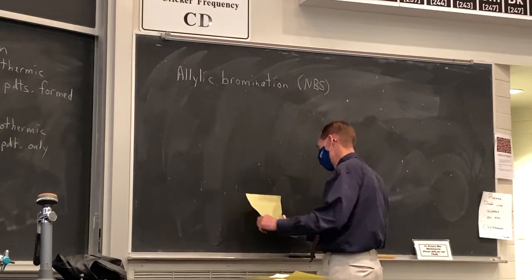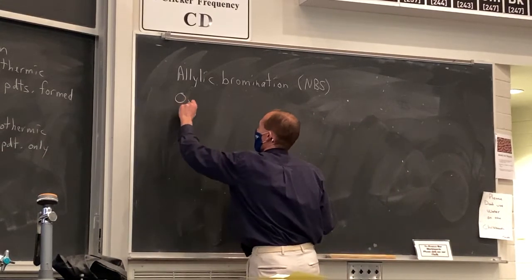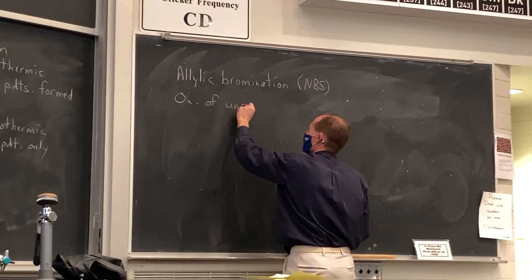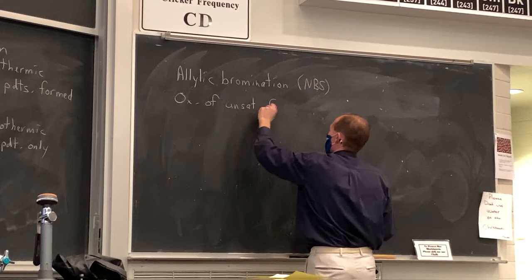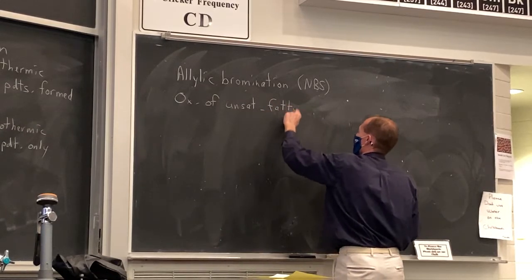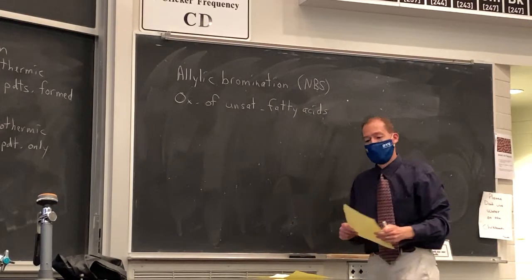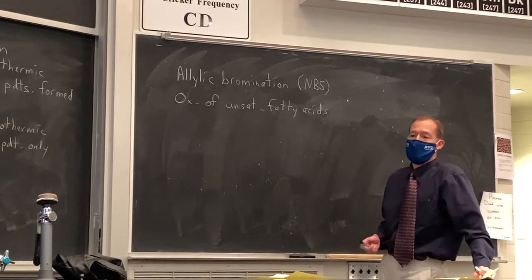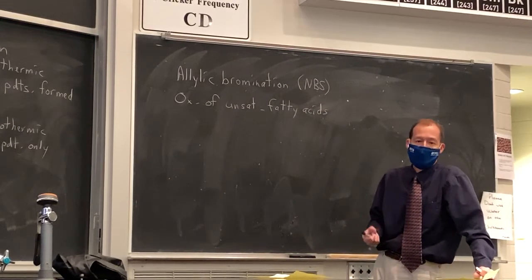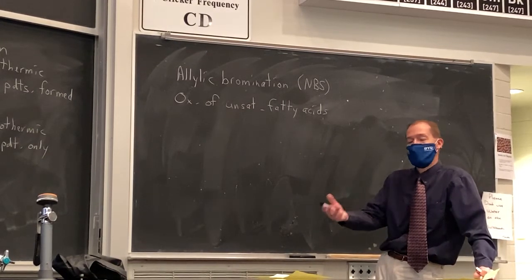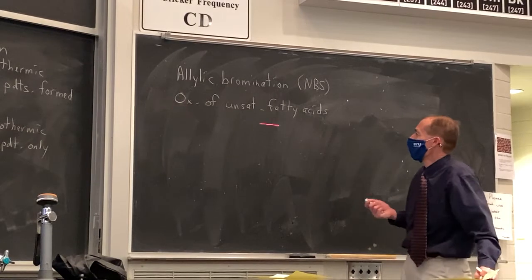Then we learned about the oxidation of unsaturated fatty acids. That involves oxidation at allylic carbons, generation of allylic radicals by oxygen abstracting hydrogen atoms.